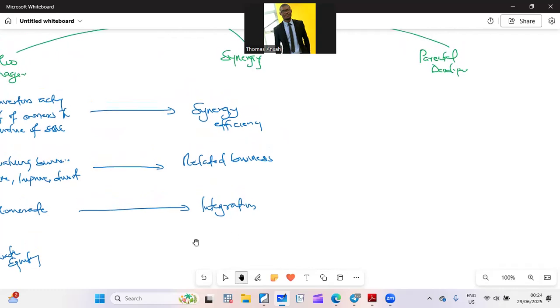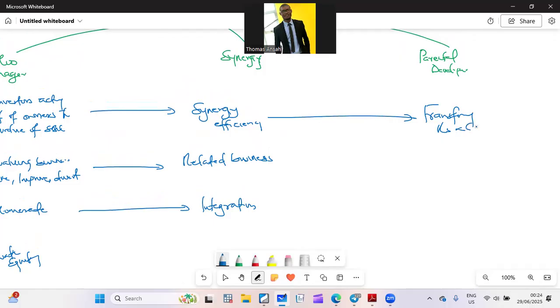But a parental developer adds value by transferring skills and capability from the head office to assist the people down there. They create value by transferring resources and capabilities. So you see that some people come from head office to assist the business.